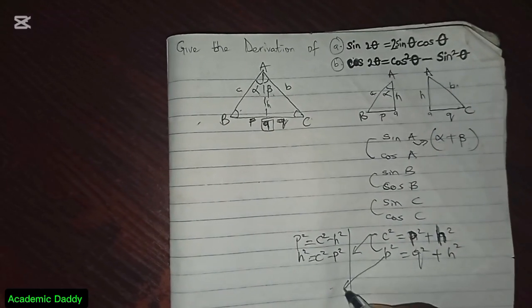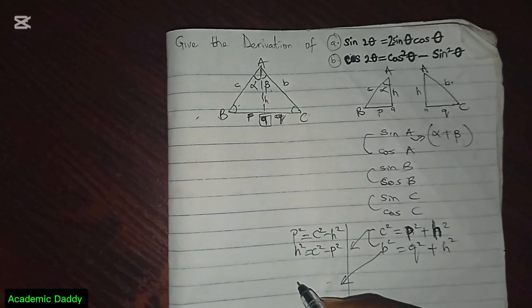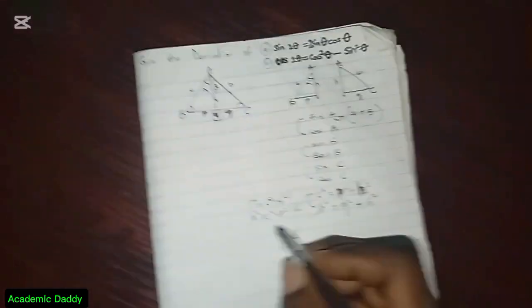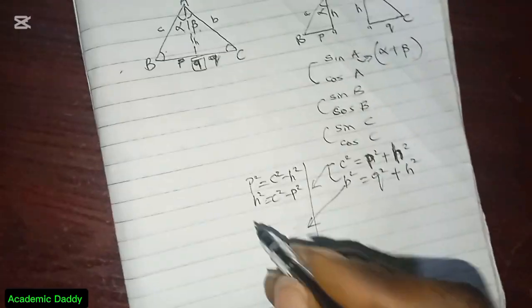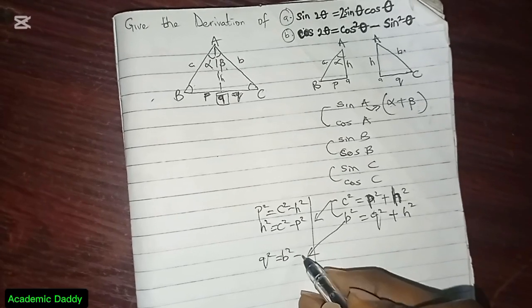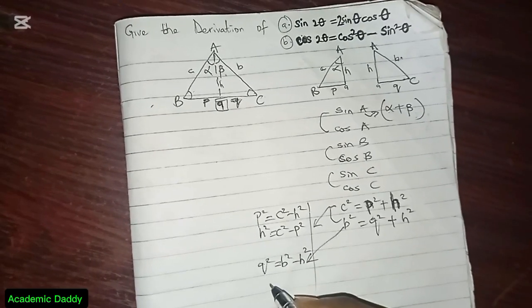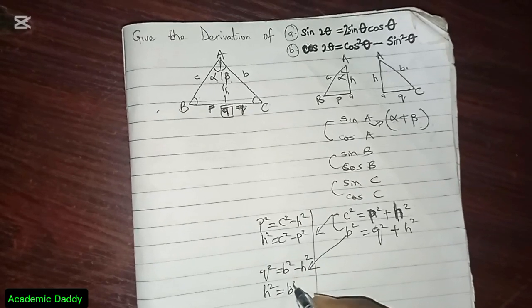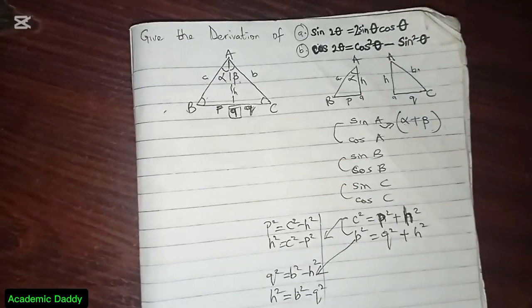And from this one, when I make Q square the subject of the formula, I'll have Q square equals P square minus H square. And when I make H square the subject of the formula, I'll have P square minus Q square.